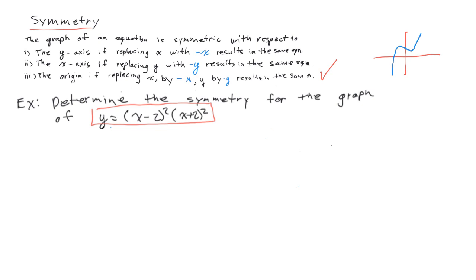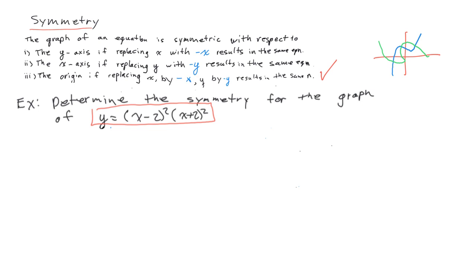What would happen is all our x's would change to negative x's and all our y's would change to negative y's, right? And we'd have something that looks like this. So the graph would look almost identical, but it would be reflected through the origin.